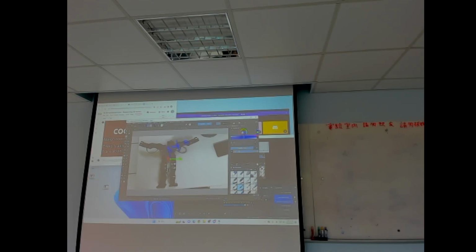This is the joint that is shared between these 3 kinematic chains, so that's actually the first one we should model.